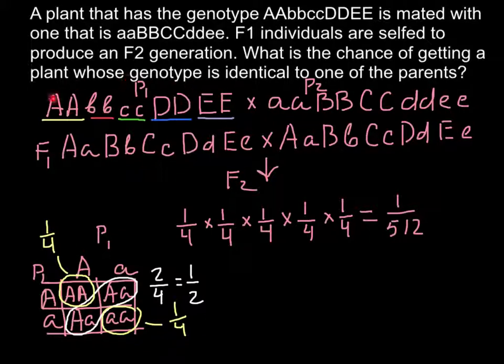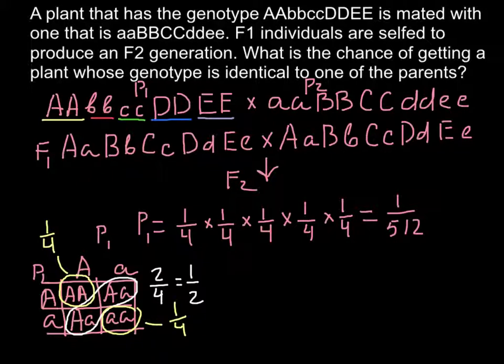So this is the probability that we will get this genotype as parent 1. And what is the probability that we can get the genotype of parent 2? As you see, the probability is the same, because each allelic pair is homozygous dominant or homozygous recessive, and each time we are going to get 1/4. So this is the probability for parent 1, and for parent 2, the probability would be the same.